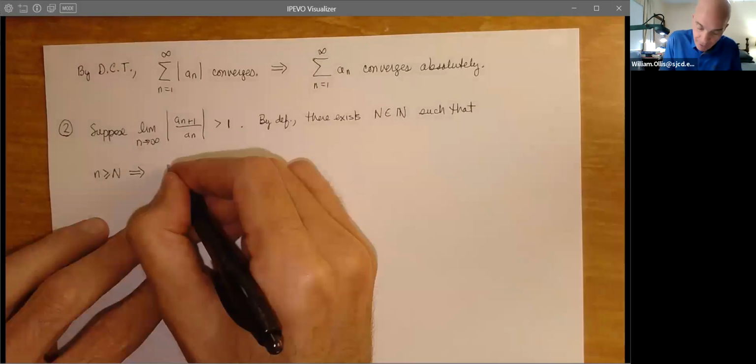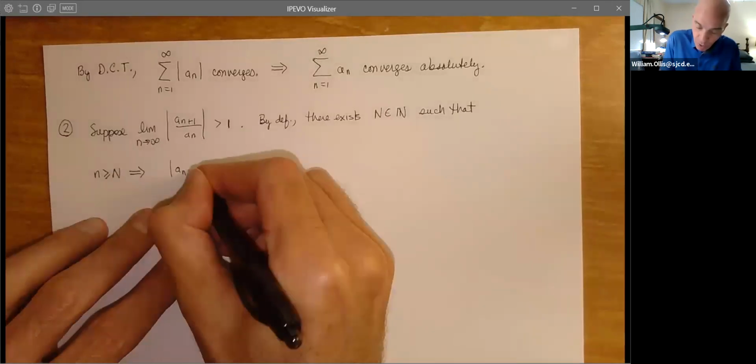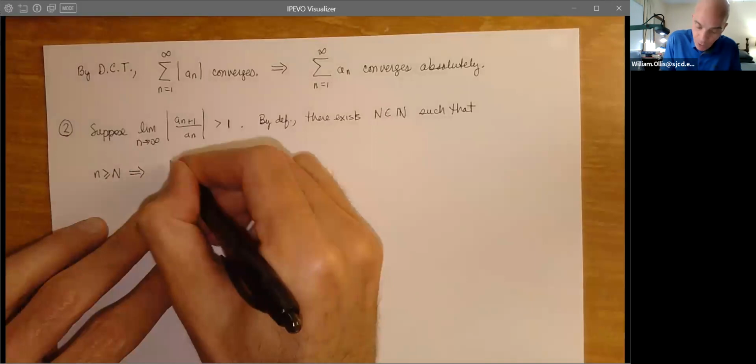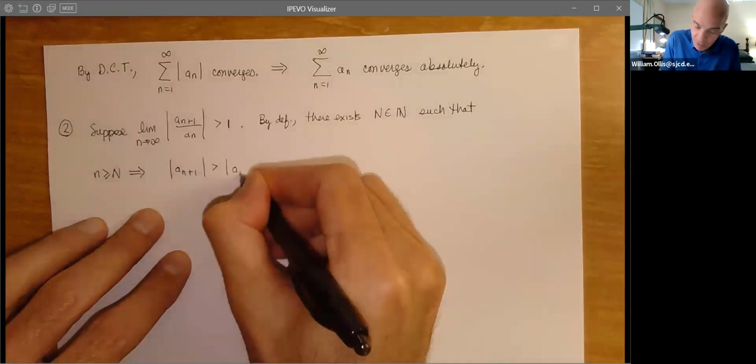That is, a sub n plus 1, just like we did before, is actually greater than a sub n.